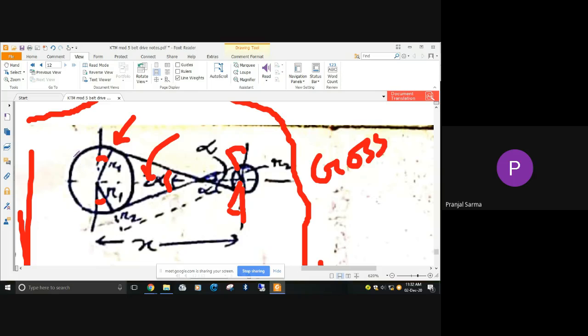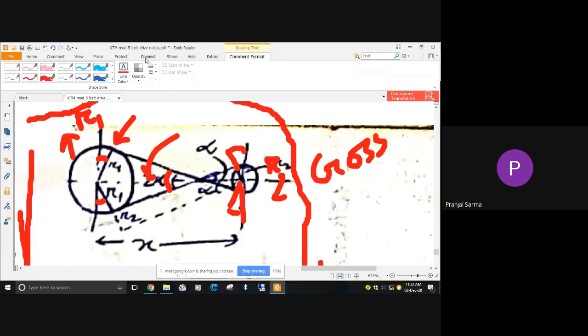Now for this particular pulley the radius is r1, and for this particular pulley the radius is r2. If we consider this center line, then this angle becomes alpha. Similarly here it also becomes alpha, and this is nothing but the radius, so it will be r1.